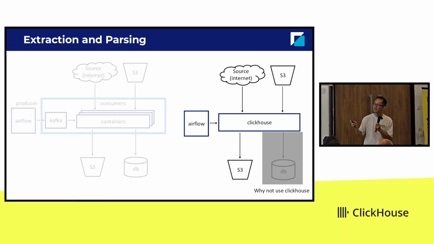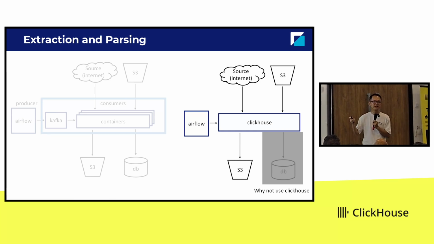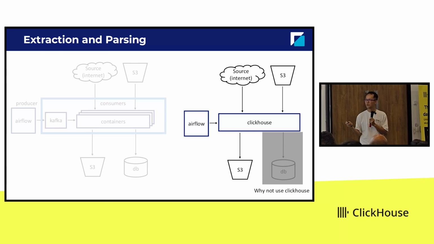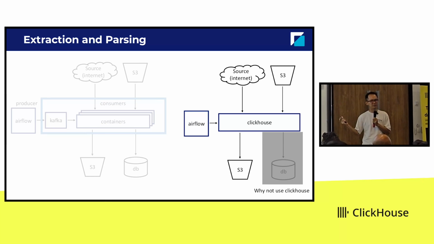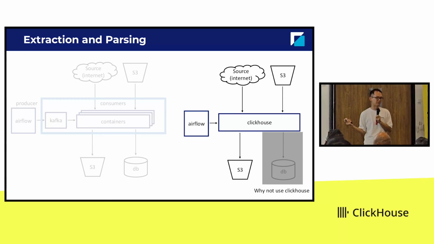So if you realize, we can actually use ClickHouse as the DB, because ClickHouse itself is a DB. Why don't we use ClickHouse as the DB here? I'll leave this question for later for me to answer. We still have a bit of unresolved or pending issues, so we still need another DB for now.